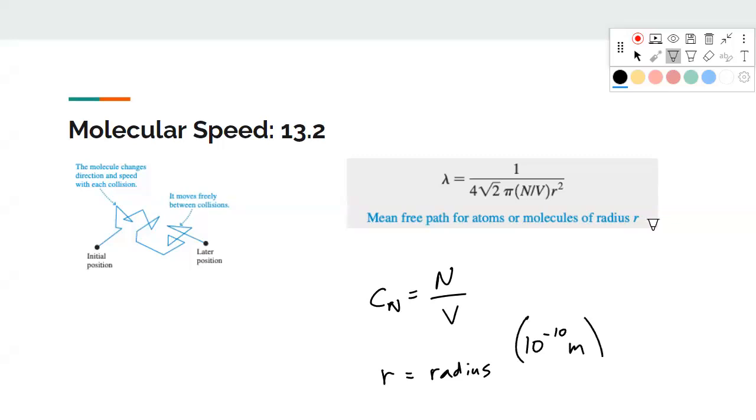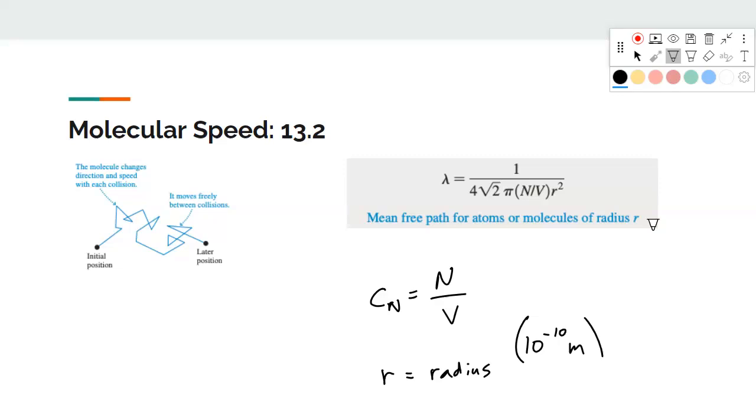For a diatomic molecule, it's going to be very close to an angstrom, which is 10 to the minus 10 meters. For a monatomic molecule, it's closer to 1/2 of an angstrom. We would give that to you in the problem; we don't expect you to know that. By plugging those two things in, we can get the mean free path for various gas molecules.